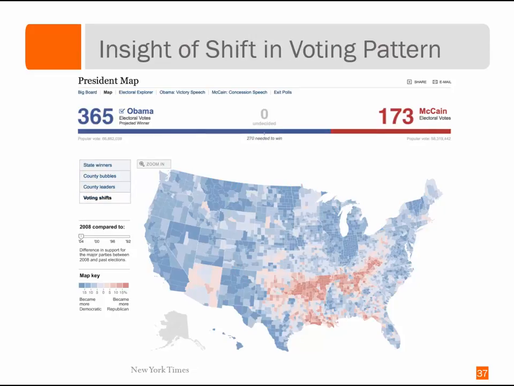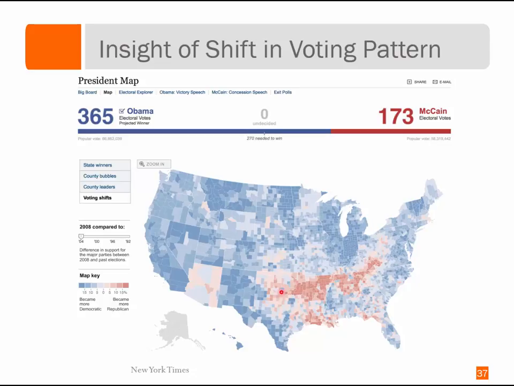Now here's an insight of shift in the voting pattern. This may be one of the most useful visualizations in this series, in that it tells us different counties in the country where people became more Democratic. And it also captures on the sliding scale where folks became more Republican.